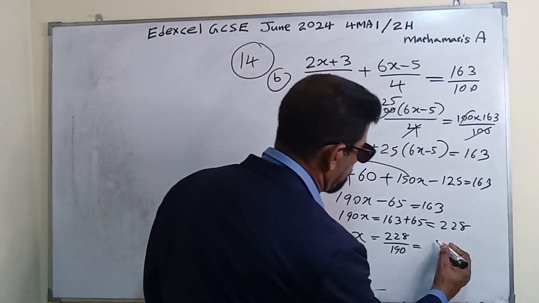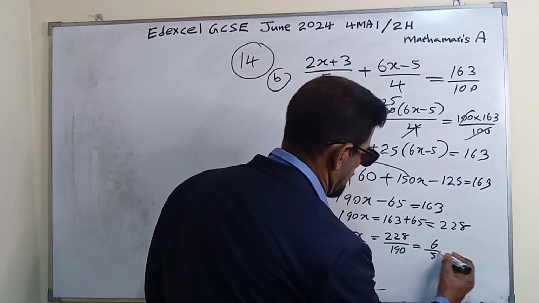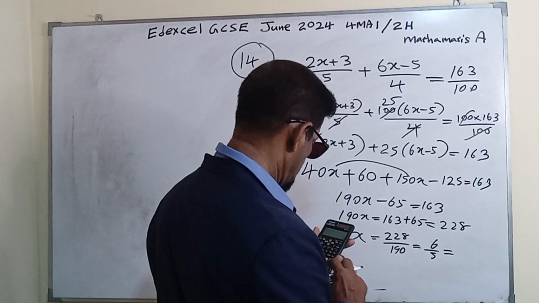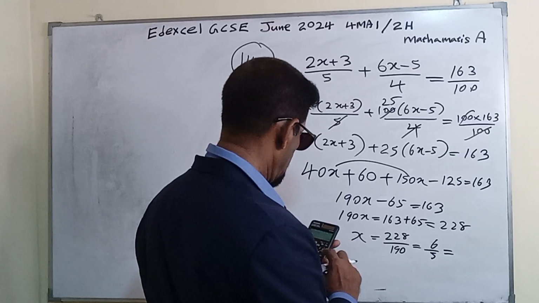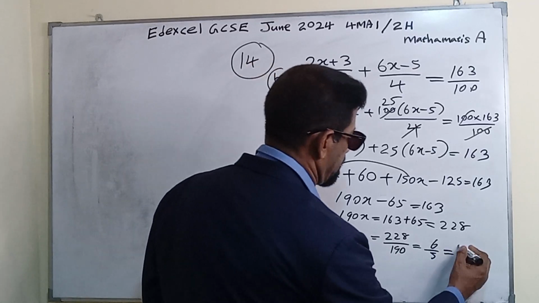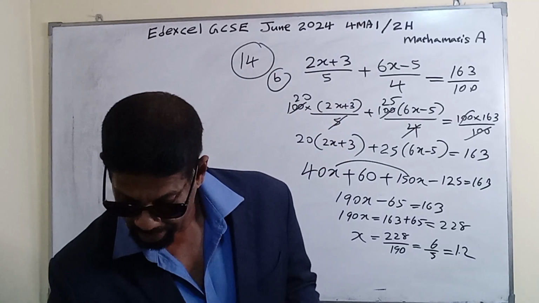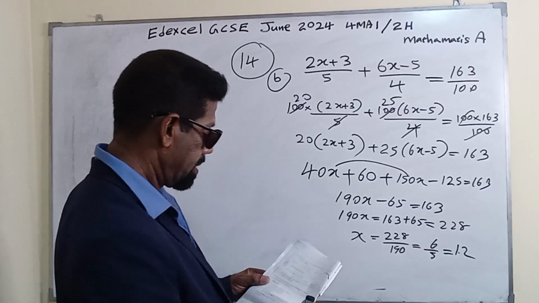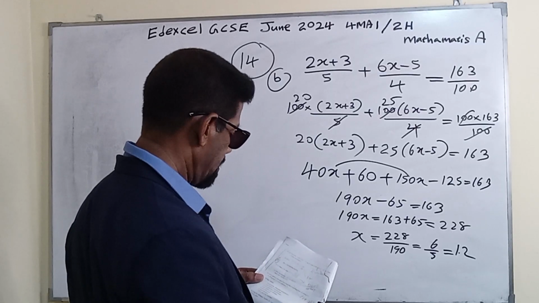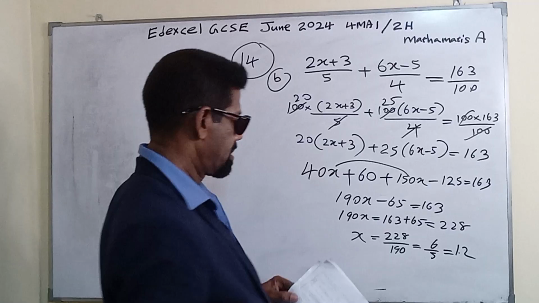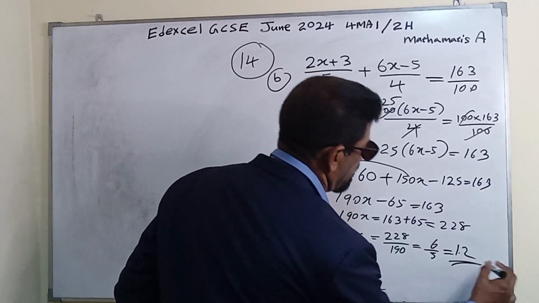So that is 6 over 5 or 1.2. Right. So that is the answer. The question says show clear algebraic work. Decimal answer or fraction, no problem. This is 1.2.